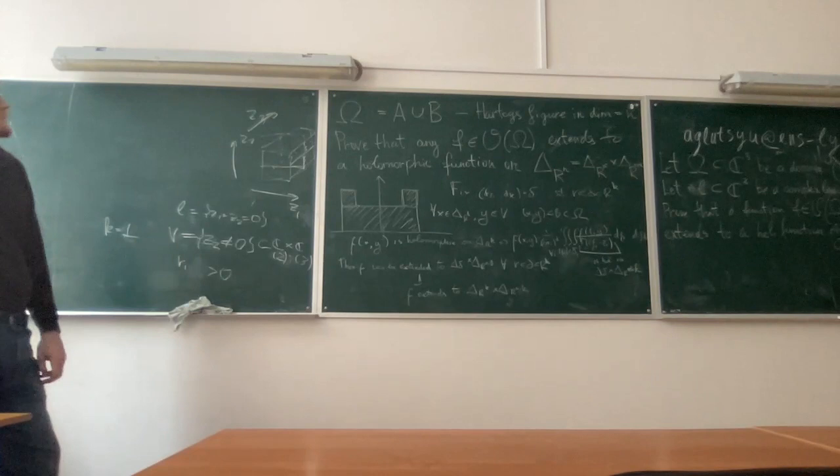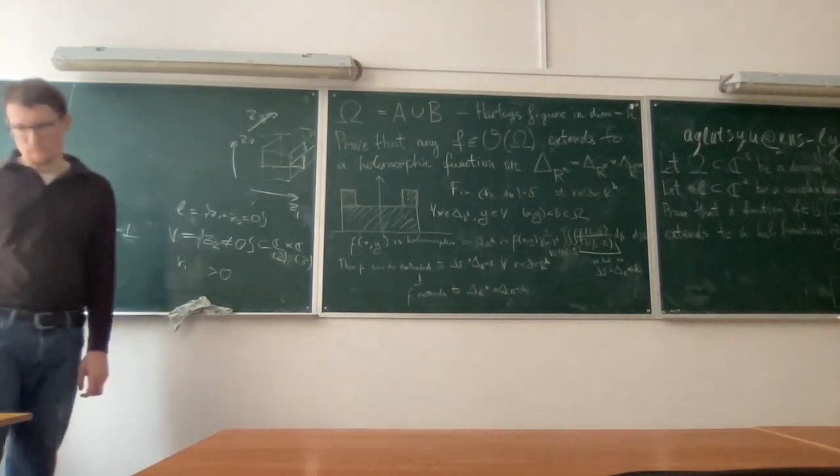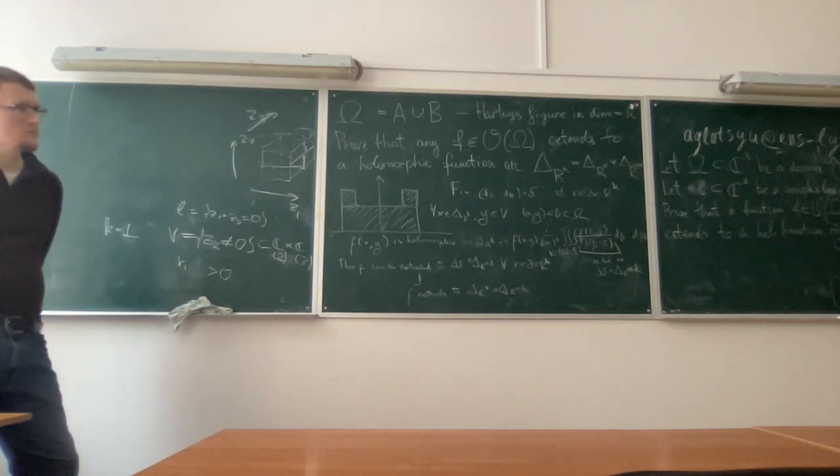This set, denoted by A, will be disjoint from the line, because on the line Z1 equals 0, while on the annuli in the first factor it is not 0. So everything is fine. We are exactly in the context of Hartogs' theorem, and therefore the function extends everywhere. So thank you.